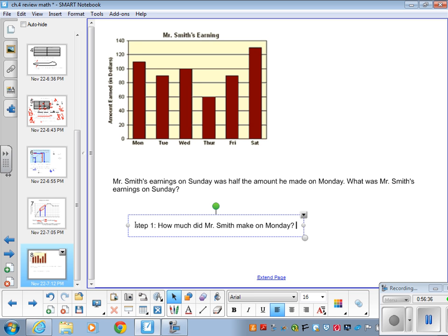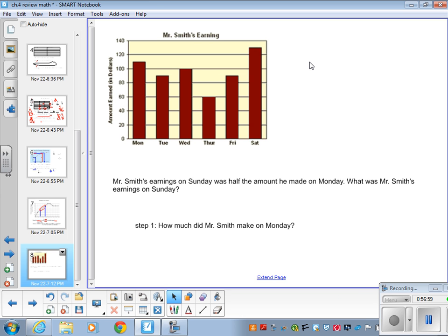I have to find out the answer. So I look at Monday, and I see it's halfway between 100 and 120. To find this answer, I need to look here and see what's the increase from the first line to the second line. 20, 40, 60, 80, 100, 120, 140. I'm noticing it's going up by 2, but it's not really 2.